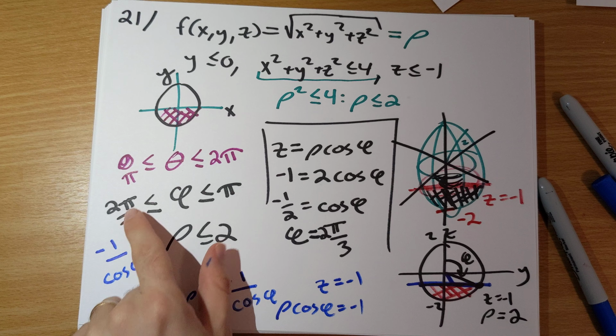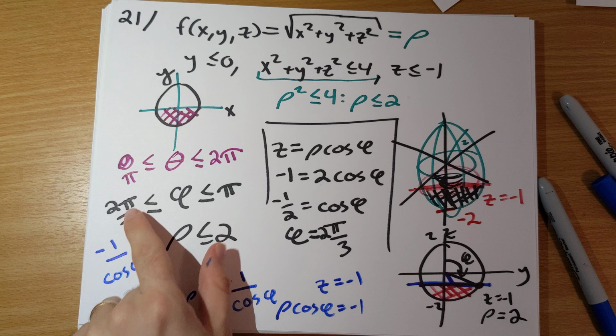Okay, so our bounds on our integral are going to be: theta runs from pi to 2 pi, phi runs from 2 pi over 3 to pi, and then rho runs from -1 over cosine phi to 2.